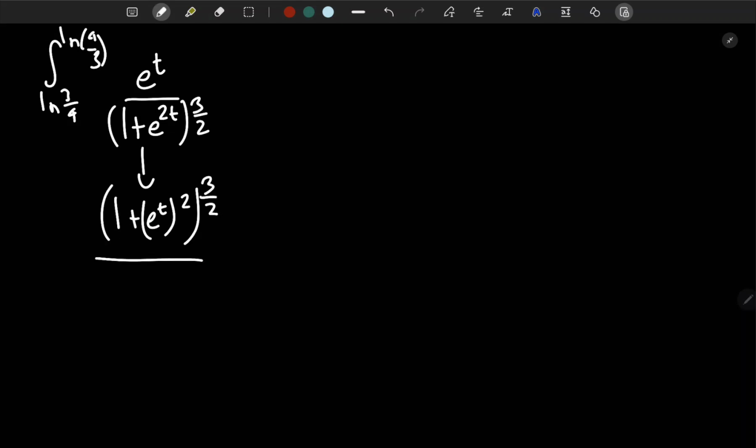Which substitution do you think we should use here if we go back to our three cases? However, we cannot use trig substitution first, since this is not a polynomial, this is an exponential function. So first we need to turn this e to the power of t into something else like a u. So first we need to use u substitution.